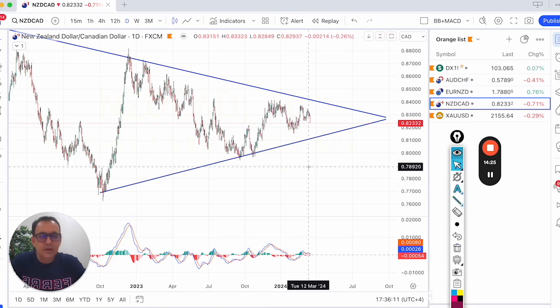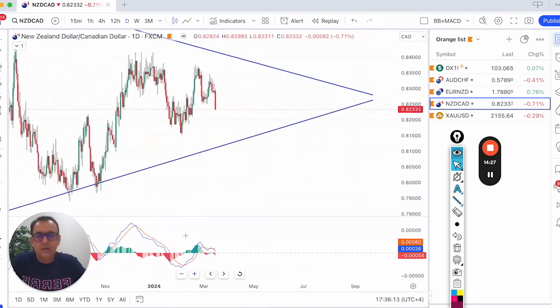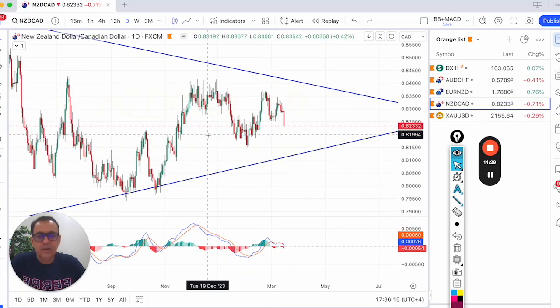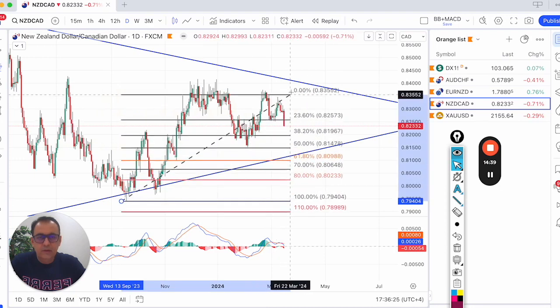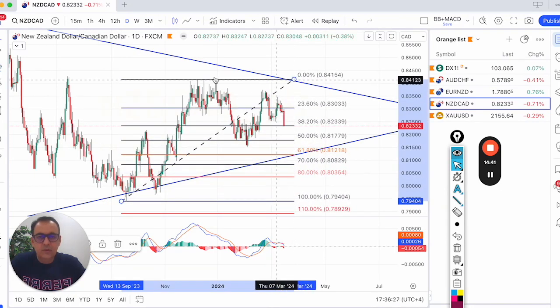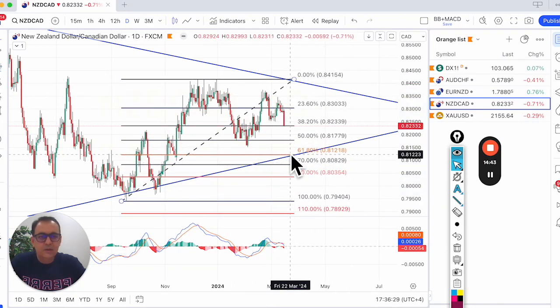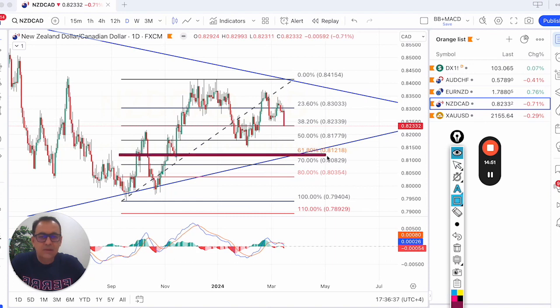So the buyers are weak and they are unable to create a new higher high on this chart. Applying Fib retracement, starting from the lowest point to the recent most highest point, we can expect correction at least up to 61.8, and it is also coming on the rising trend line here, exactly on the rising trend line.